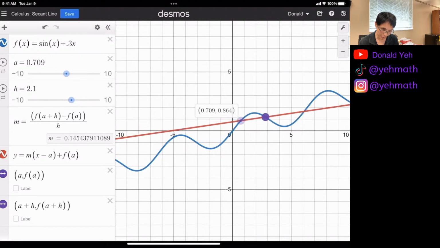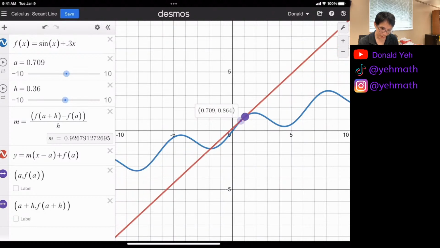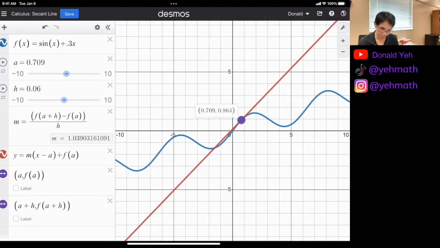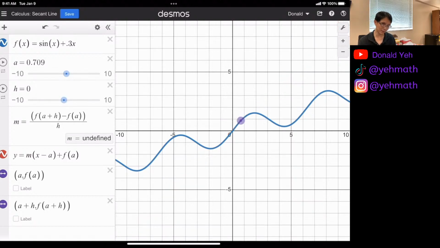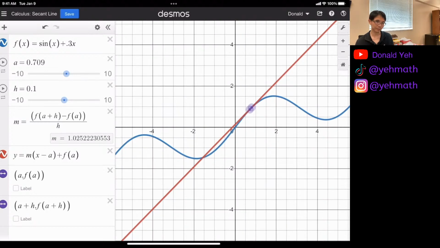Shrink it down, and your slope keeps changing, 0.719, until the points almost intersect each other, so that you get roughly a slope of 1.039. If I really get h down to 0, then the slope does not exist because x equals 0. But you can get close to it, and that's the definition of derivative.